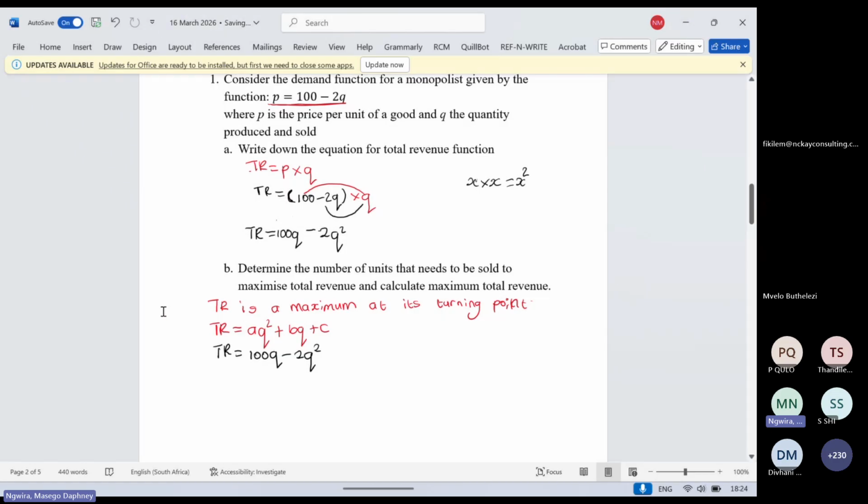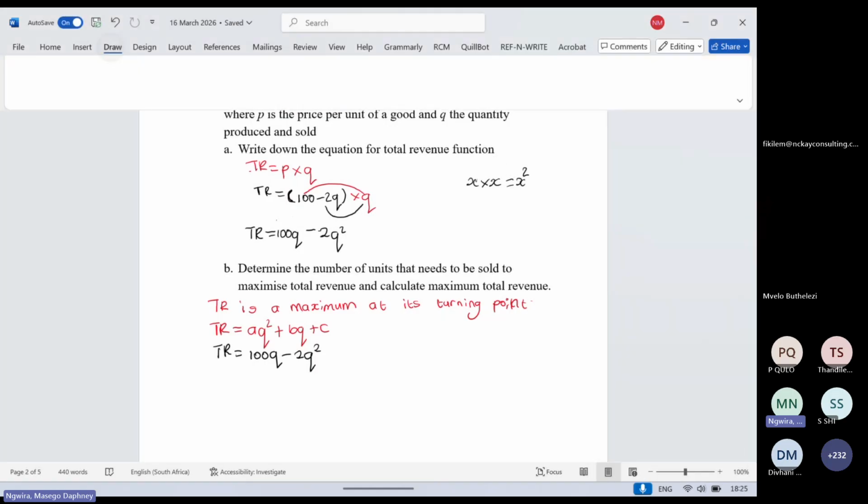A total revenue function is supposed to look like this: AQ squared. So the number that is next to Q squared is A, the number that is next to Q is B, and C is alone. It doesn't have a Q. So when I write this down, I have to write my A, B, C.